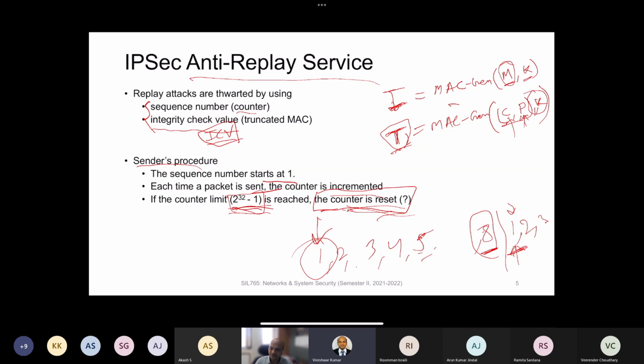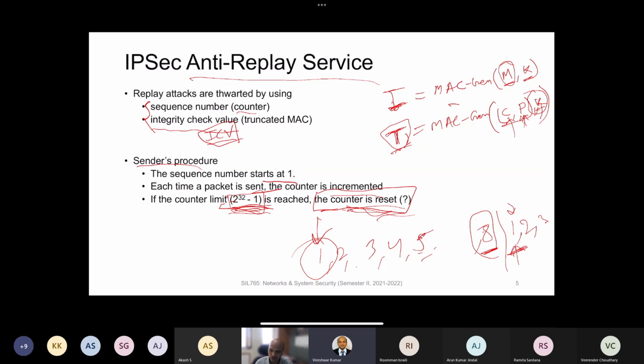That is the point that I wanted to highlight: if you have to reset your counter, no matter what the upper limit of the counter is, then you must regenerate the key, or let's just say you have to use a new key. The combination of the counter, the payload, and the key cannot be the same for any two packets.